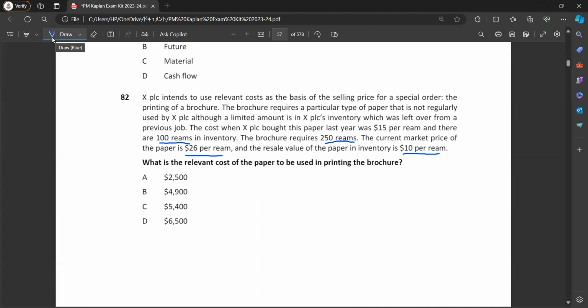Done. The current market price of the paper is $26 per ream. So that has to be spent. Apart from that, the ones which are there in inventory, 100 reams, have a resale value. So for that part of it, there is an opportunity cost. Okay, so let's quickly solve the solution in the Excel file.